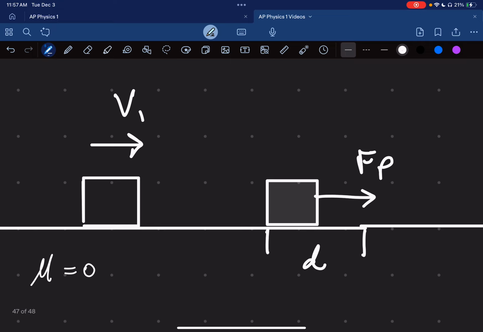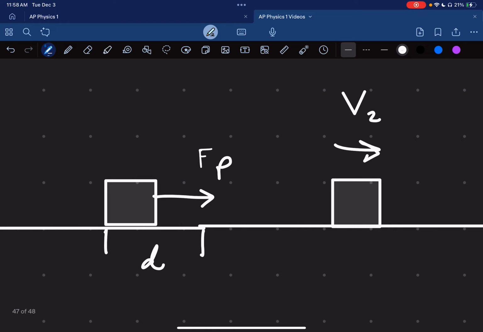Then over a distance d, I apply a constant force Fp to it. I'm putting work into the block, and that's going to add energy to the block, in this case kinetic energy.